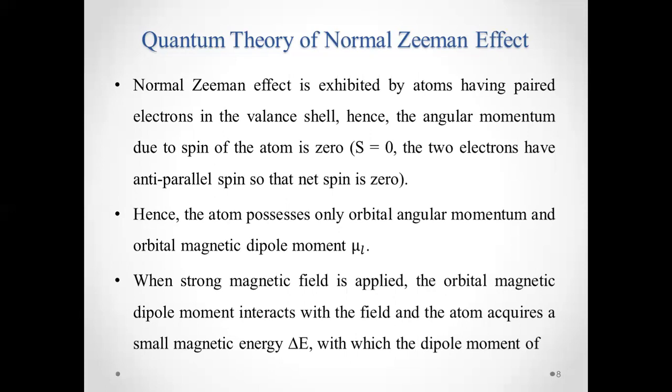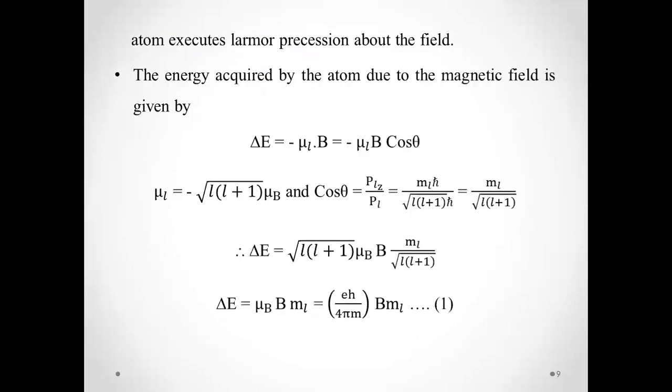When a strong magnetic field is applied, the orbital magnetic dipole moment interacts with the field and the atom acquires a small magnetic energy, delta E, with which the dipole moment of the atom executes Larmor precession about the field.